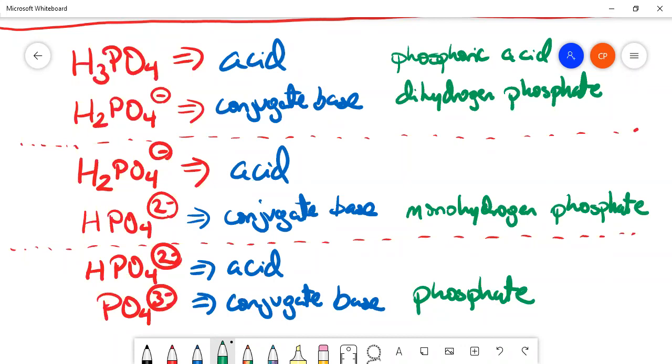Section 14.1 of the textbook, you will carry with you. The descriptions of acids and conjugate bases in section 14.1 goes beyond the examples I've given out here today. It's really, really good stuff. Carry it with you. Okay?